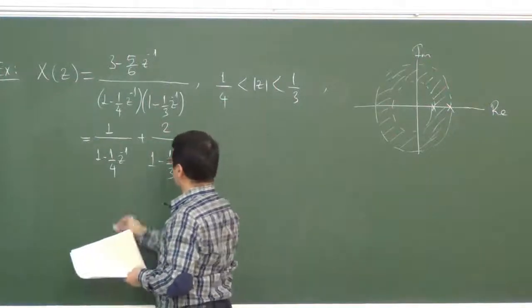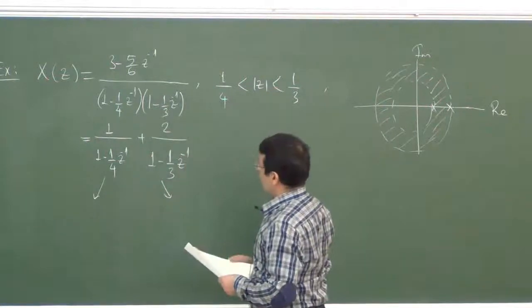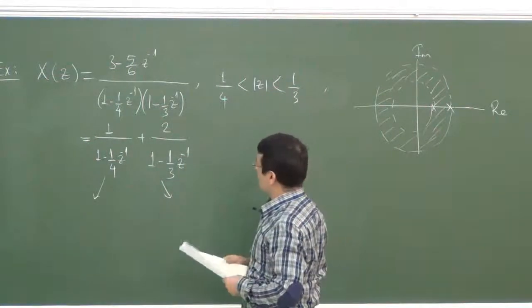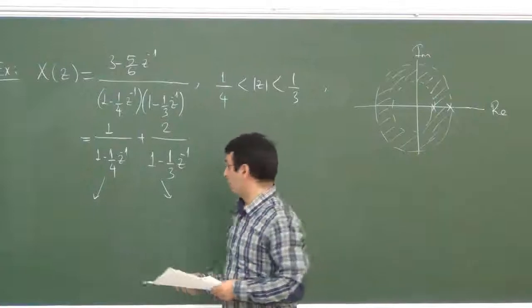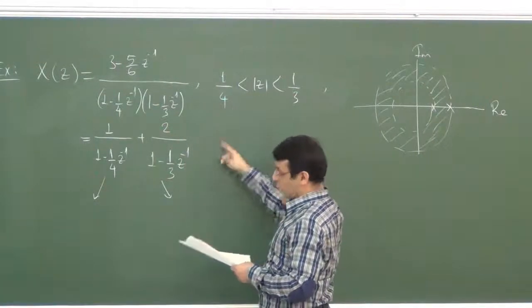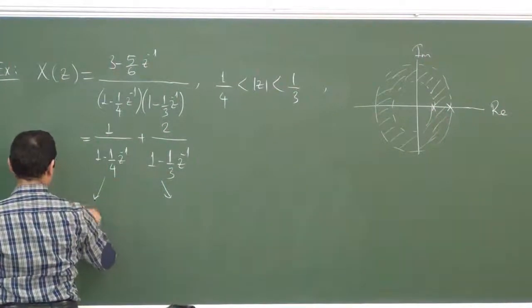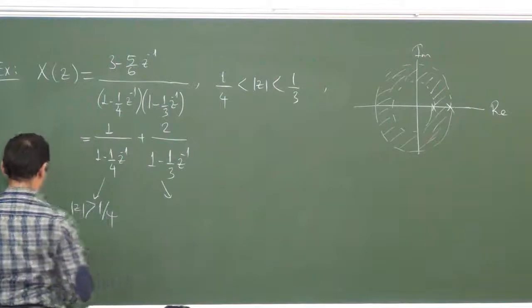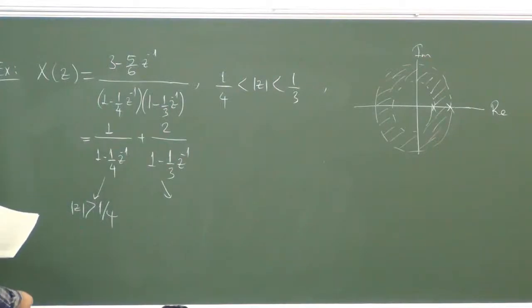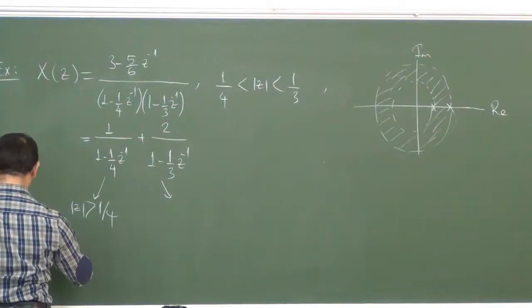So what about this sequence? From the previous course, as you see, absolute z is greater than 1 over 4. So this is a right-sided sequence. So z is greater than 1 over 4, okay. So what is the inverse transform of this expression in this case?